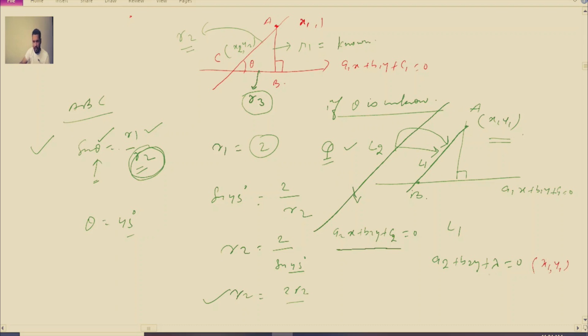So here lambda is unknown, and by using (x1, y1) we can find lambda. Say this value is c. So here a2x plus b2y plus c equal to 0. This is a known line.